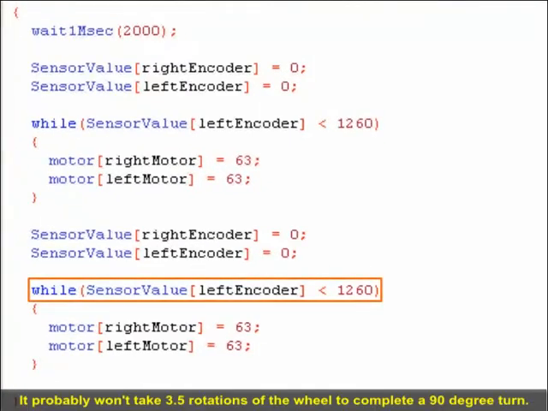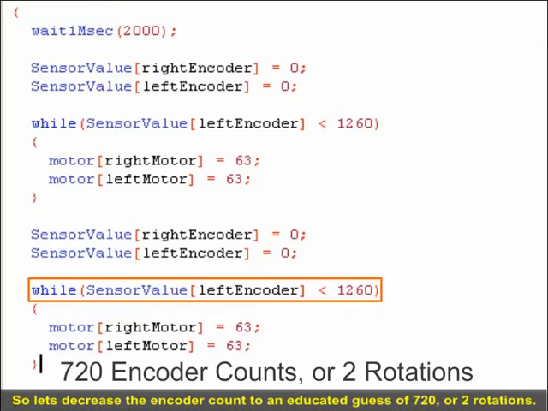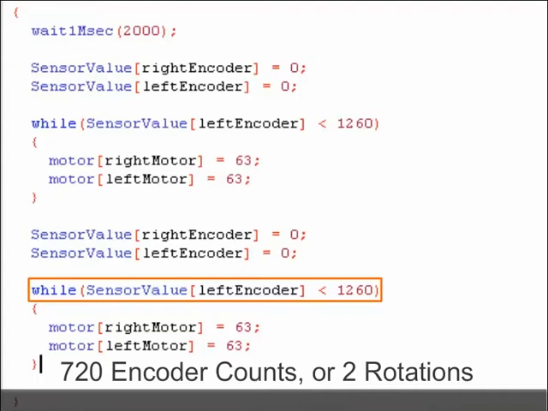It probably won't take 3.5 rotations of the wheel to complete a 90-degree turn. So let's decrease the encoder count to an educated guess of 720, or 2 rotations.